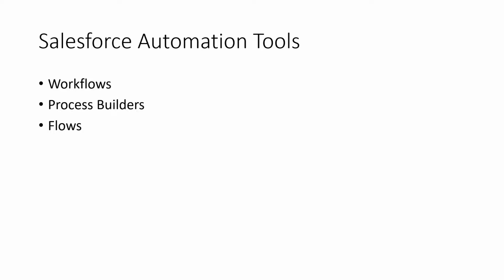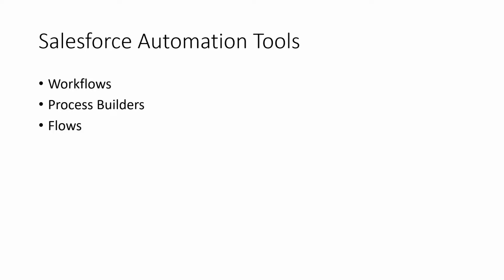Initially, we have three main automation tools. These are workflows, process builders, and flows. At this point, you probably are already very familiar with them. You probably are doing some stuff like sending notifications through workflows, or updating a record from a process builder, but you probably are not much aware of what flows are.